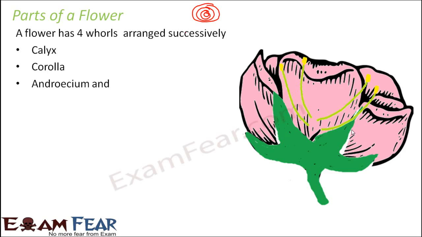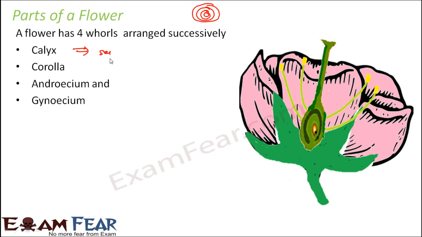So all the stamens together, the whorl of stamens, is given the name of androecium, and the innermost whorl is the carpel, that is the gynoecium. Right? So when I talk about calyx, I am actually talking about the sepals. When I talk about corolla, I am talking about the petals. When I talk about androecium, I am talking about the stamen. When I talk of gynoecium, I am talking about the carpel.